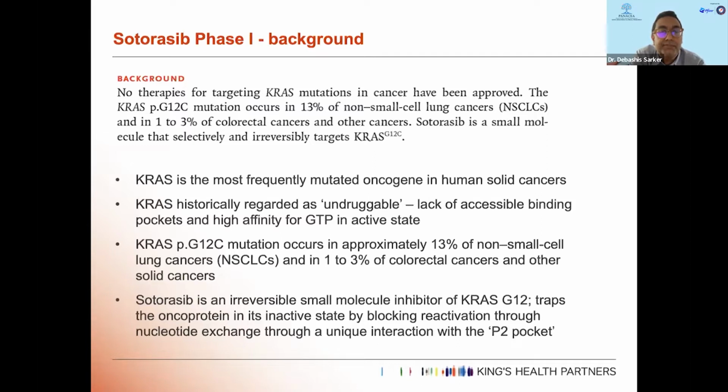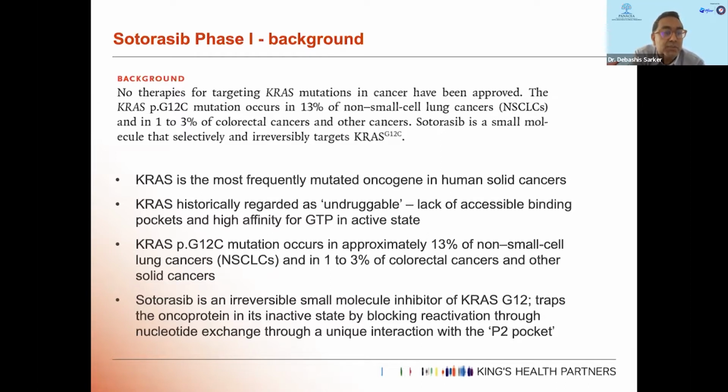That's because, from a medicinal chemistry perspective, of the lack of accessible binding pockets, and when KRAS is in its active state, it has high affinity for GTP. So KRAS G12C mutations occur in approximately 13% of non-small cell lung cancers and in a smaller percentage of colorectal cancers and other solid malignancies.